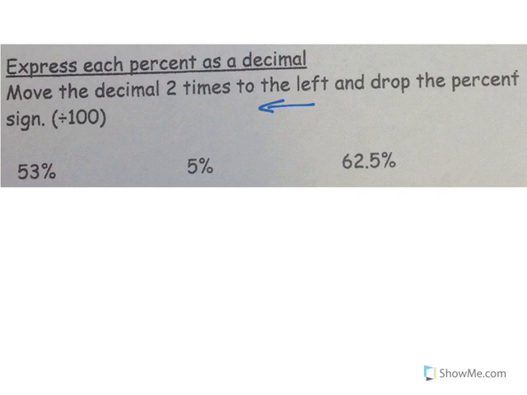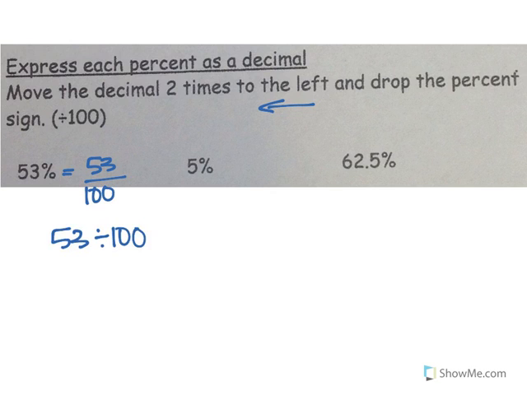So really what we're doing is we could rewrite it as a fraction, right? So 53% is equivalent to 53 over 100, 53 hundredths. And when you see a fraction like this, you know that you can also divide. This means 53 divided by 100.